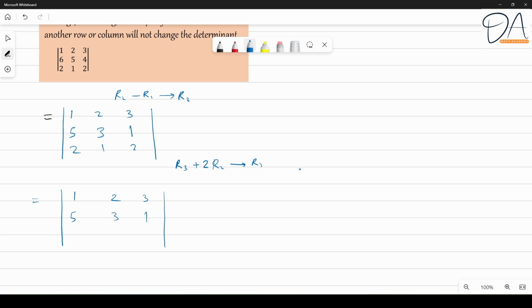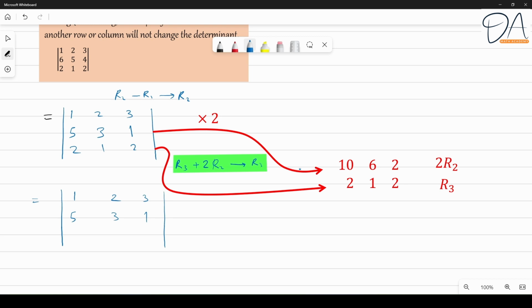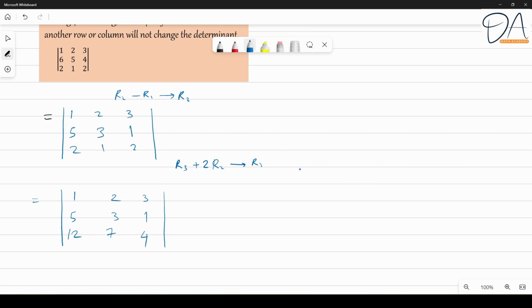We are adding 2 times the second row to R3. So 5 times 2 gives us 10, plus 2 gives us 12. 3 times 2 gives us 6, plus 1 gives us 7, and 2 times 1 gives us 2, plus 2 gives us 4. So this property says that the value of this determinant is the same as the original one. This operation does not modify the determinant.